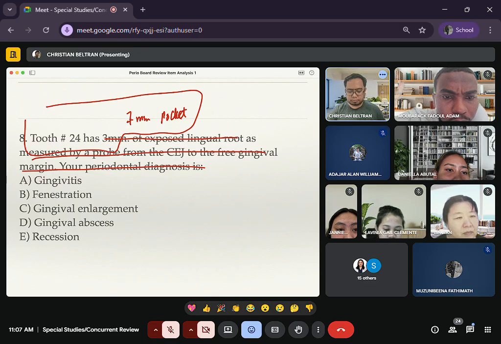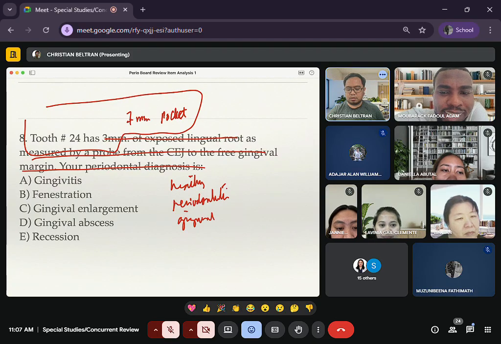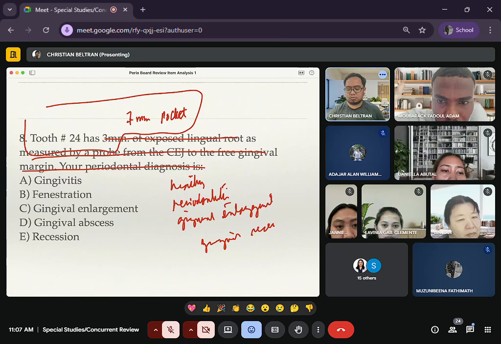Does it mean that it's healthy? There's periodontitis. There's gingival enlargement, gingival recession. Tooth number 24 has a 7 mm pocket.